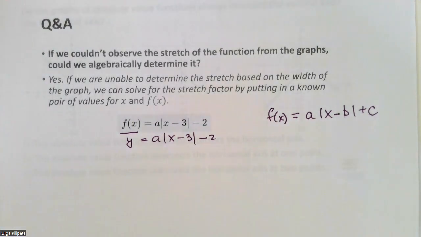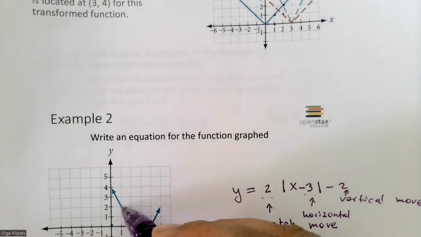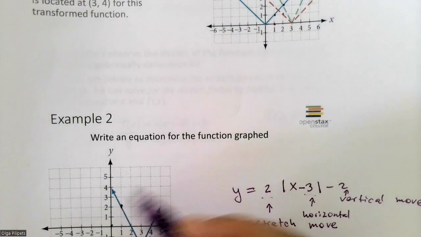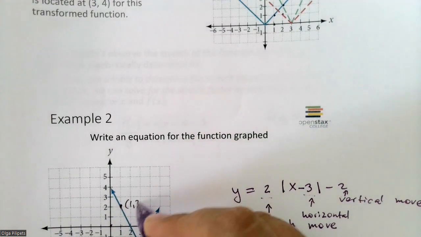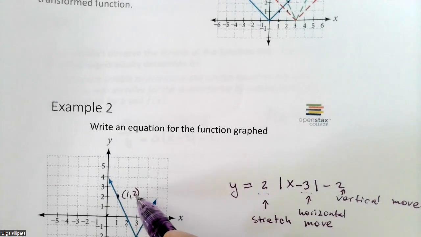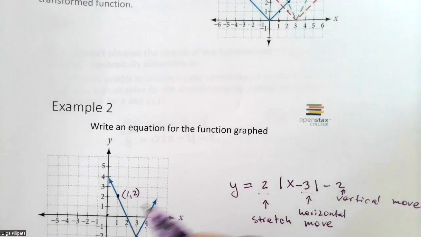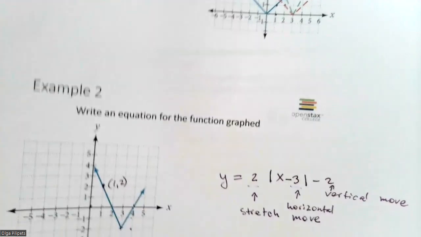So for example, you're looking at the graph, you could grab this point with coordinates 1, 2. So we're gonna try this point, but we could have tried any other point on this graph: 2, 0, 3, -2, any point will work.